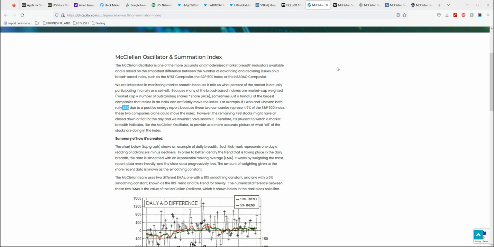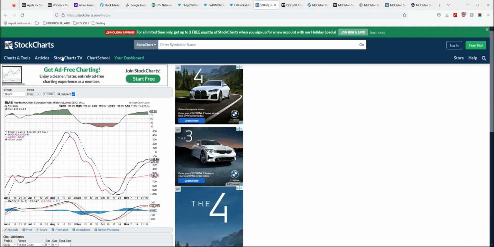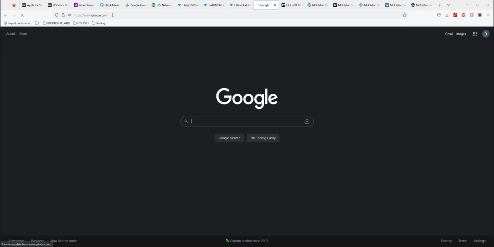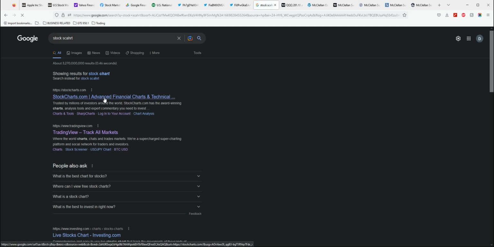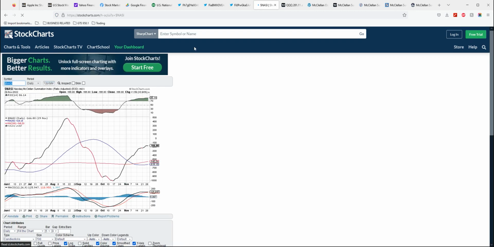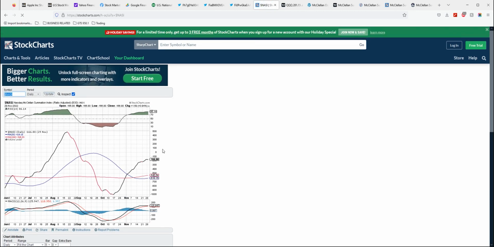So the first thing I need you guys to do is go to stockscharts.com. Okay, let's actually start from the beginning. Google.com, stockcharts. You click the first result. You put in $NASI, and this is the NASDAQ McClellan Summation Index.